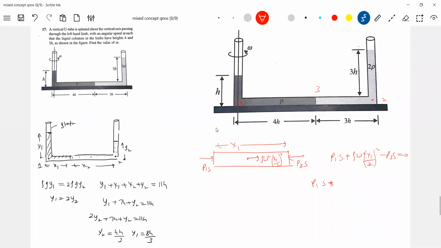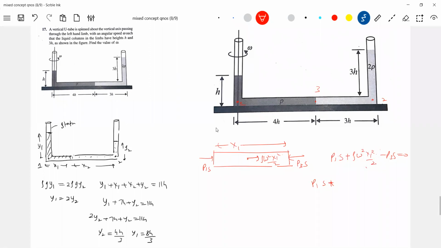Pseudo force m omega square. Or else we can integrate also. What is there in that one? You take a small element, dm omega square x by 2 will be there. Sir, you mean that square should not be there?